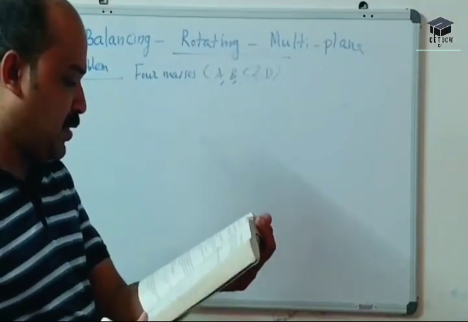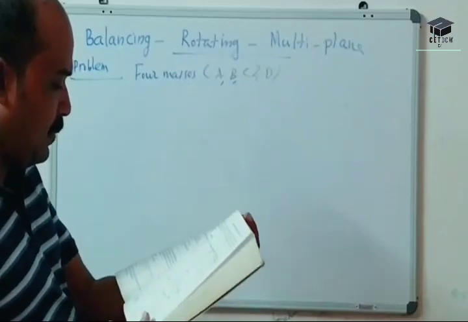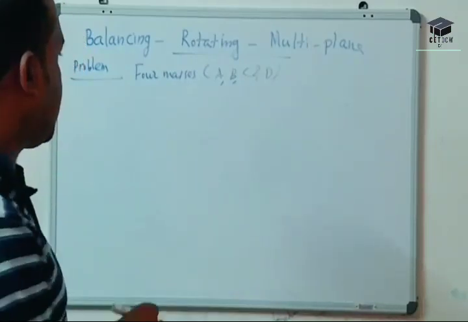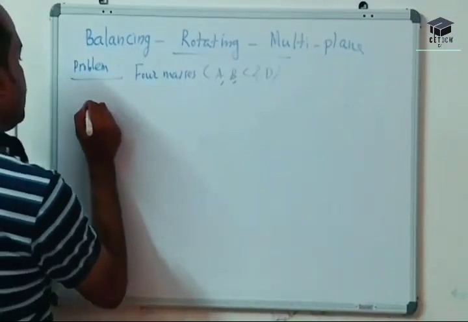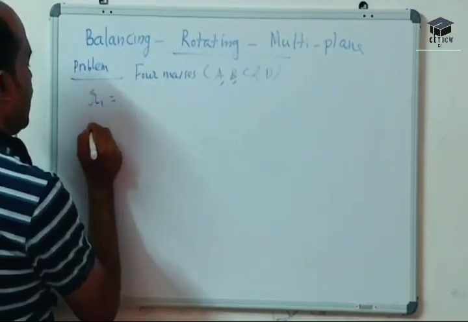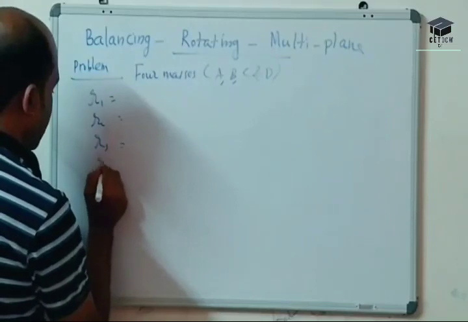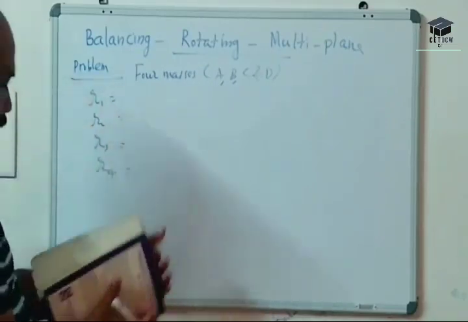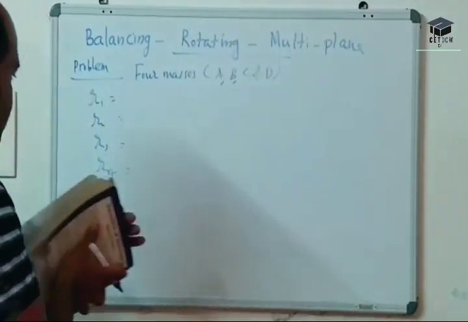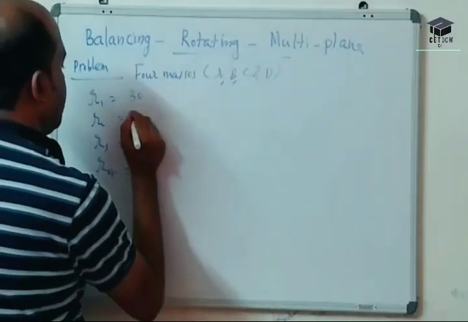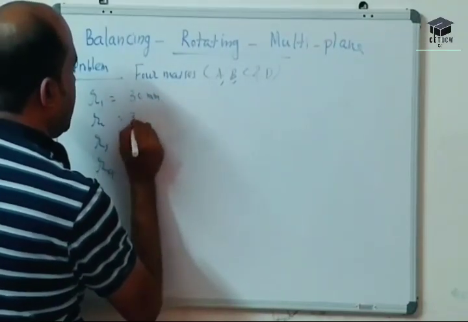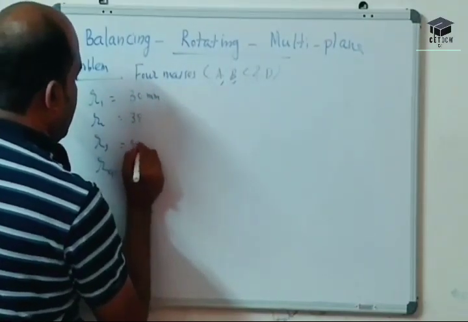The mass centers are 30 mm, 38 mm, 40 mm, and 35 mm, respectively, from the axis of rotation. So all the 4 radii, R1, R2, R3, and R4, are given.